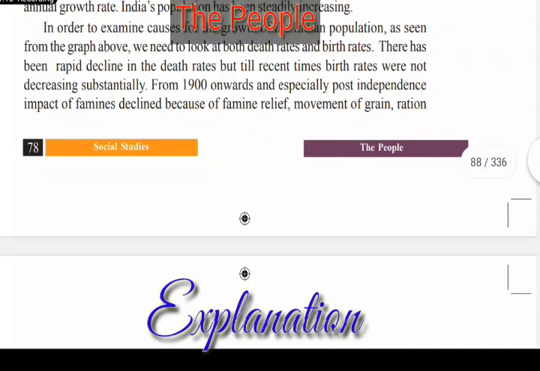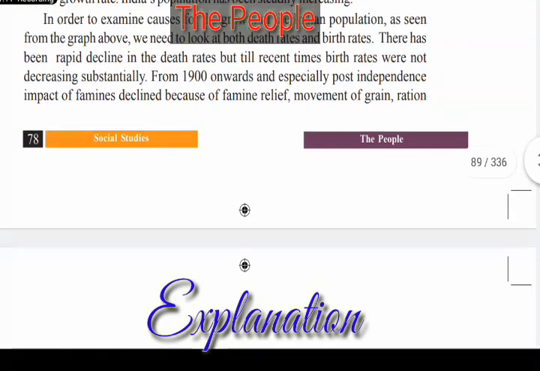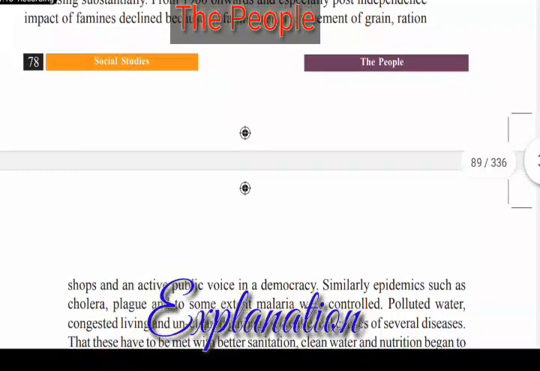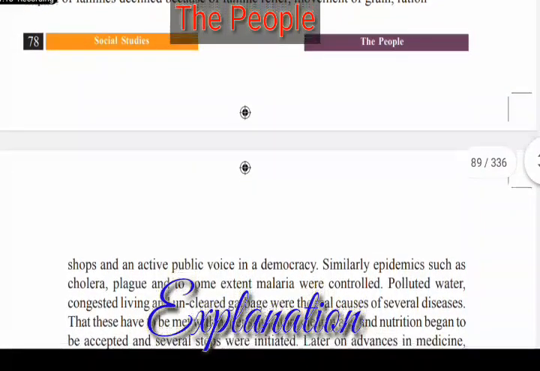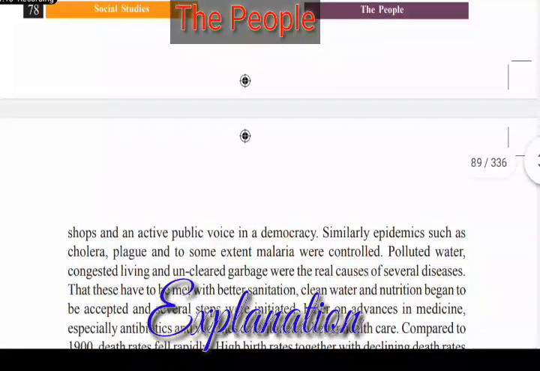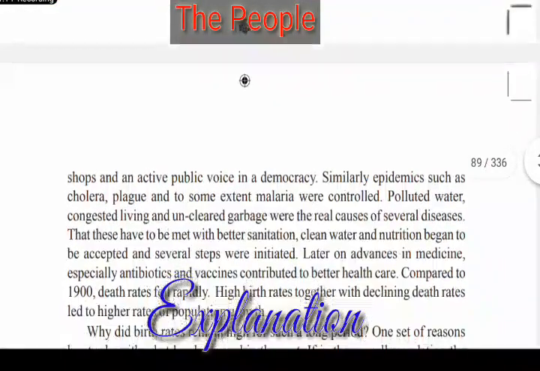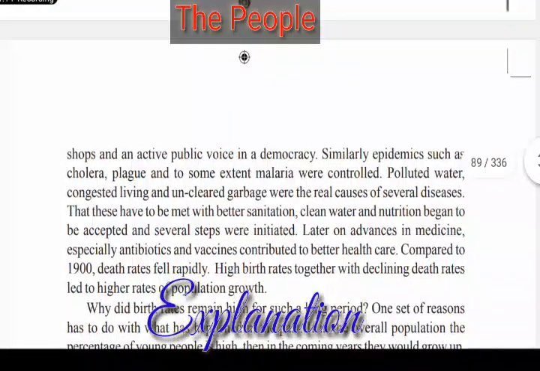Certain times, the death rate can be high, just like what happened in our generation with coronavirus. Because of this pandemic, the death rate was very high.